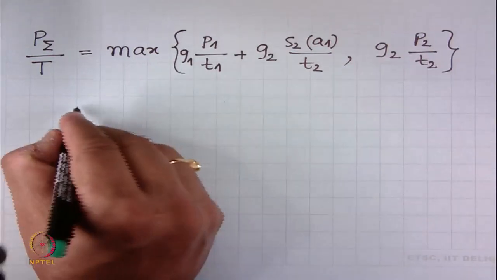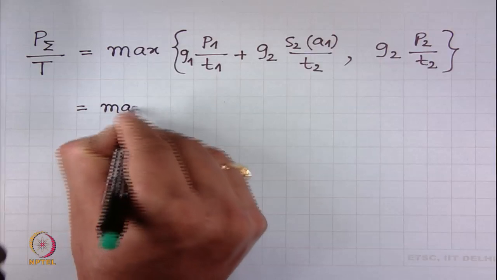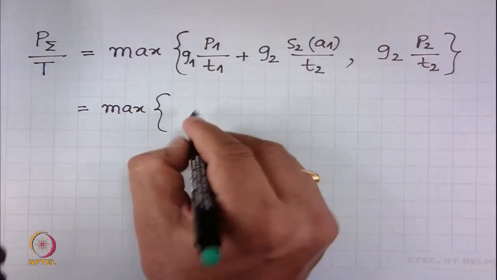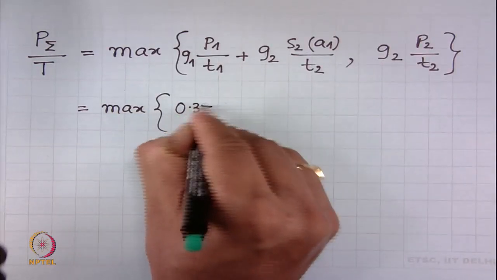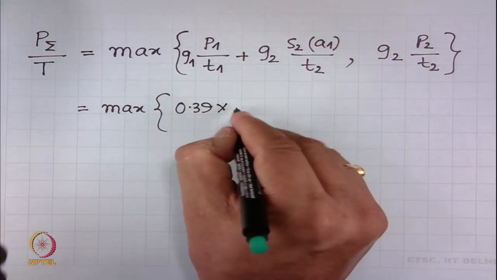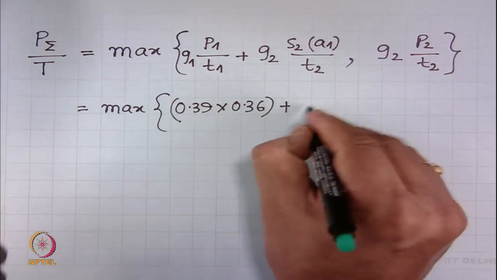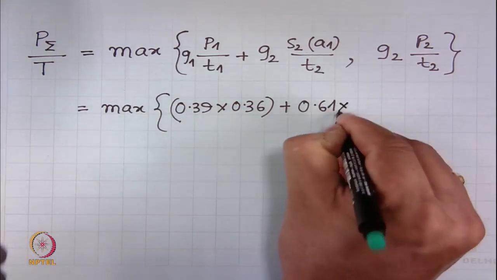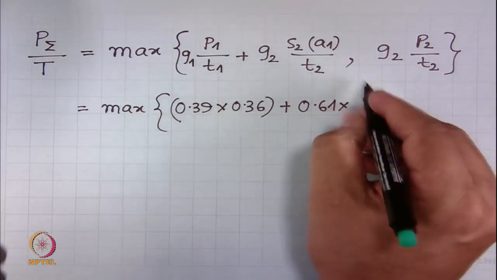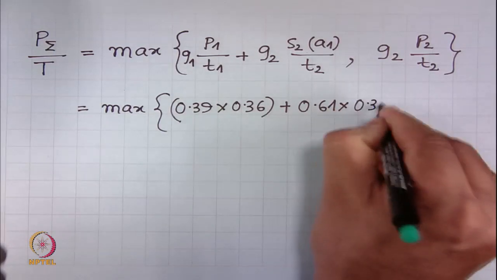Right. So here, what is your G1? 0.39. What is P1 by T1? 0.36, plus what is G2? 0.61. What is S2A1 by T2? 0.30.